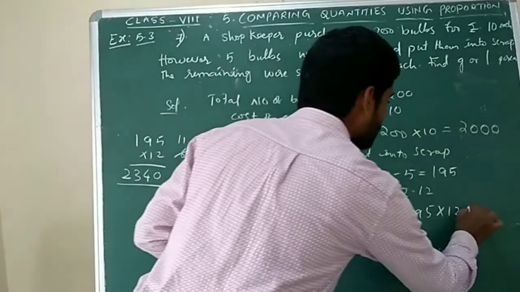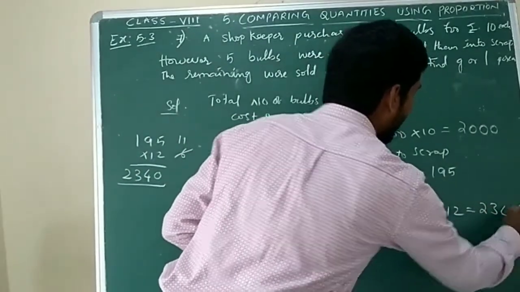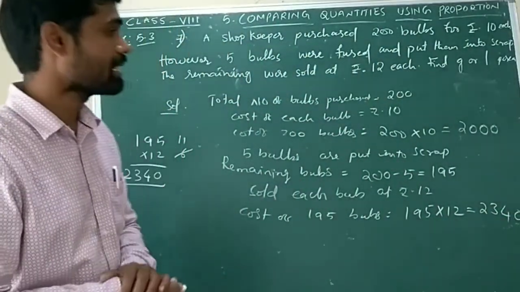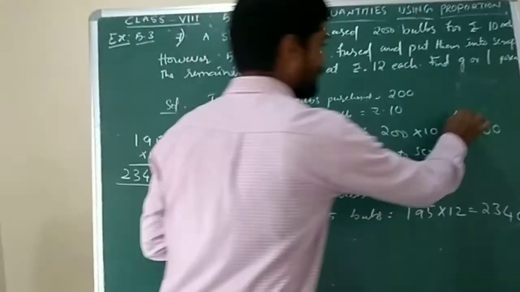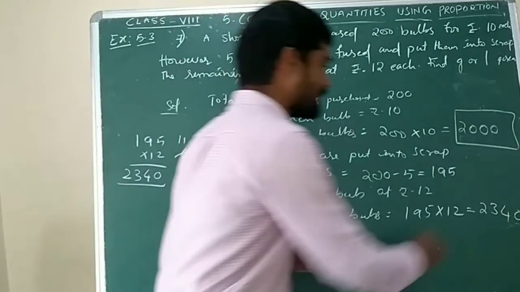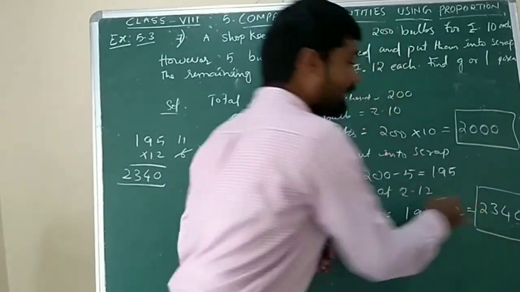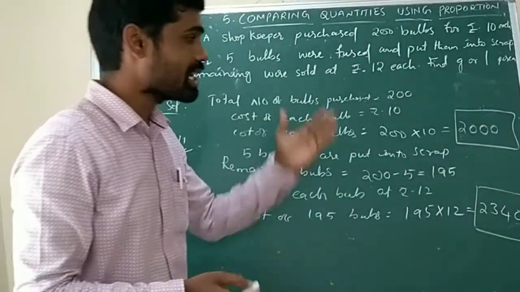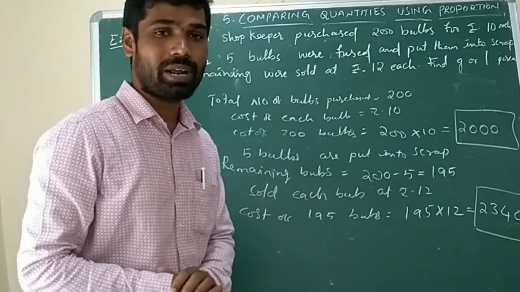Therefore 2340. Here the amount spent by the shopkeeper is 2000 and the amount he got back is 2340.